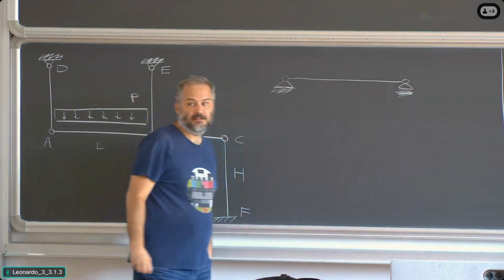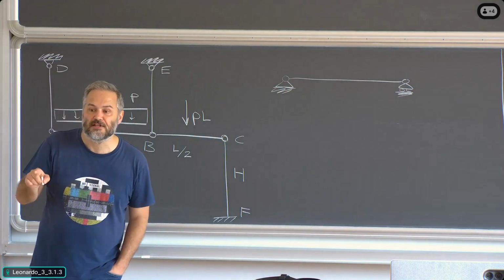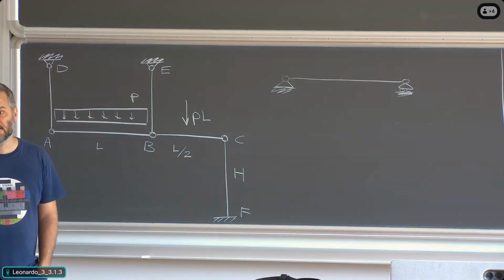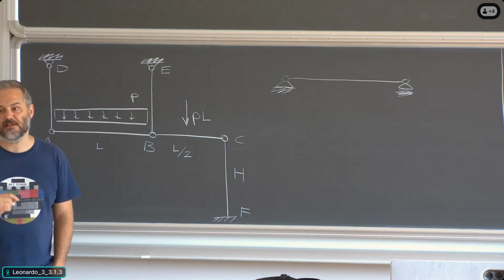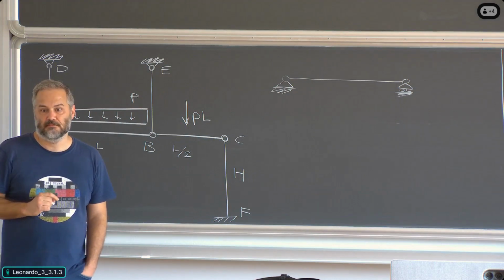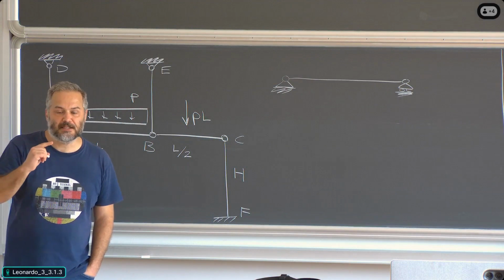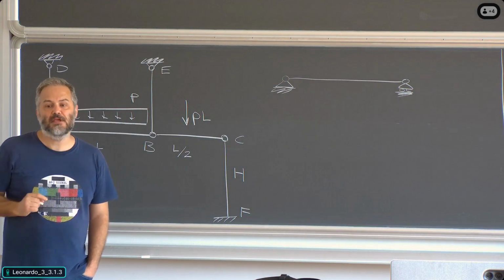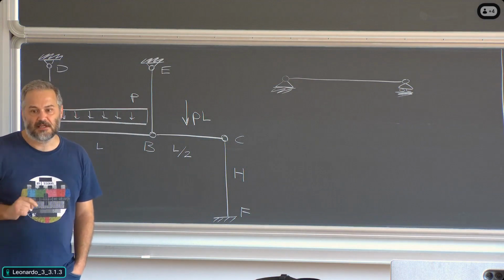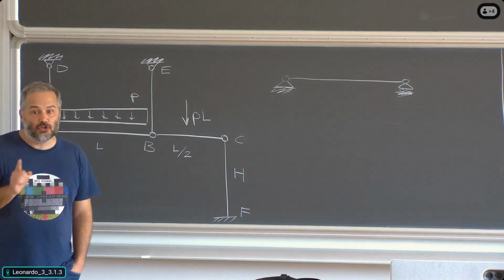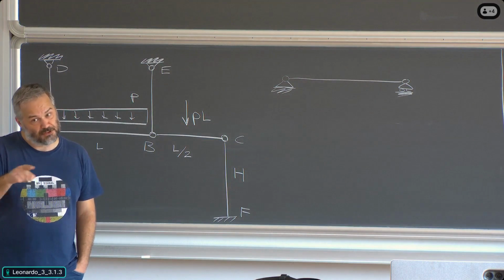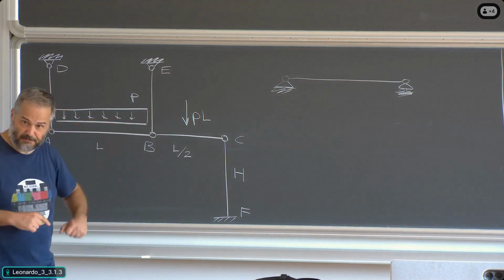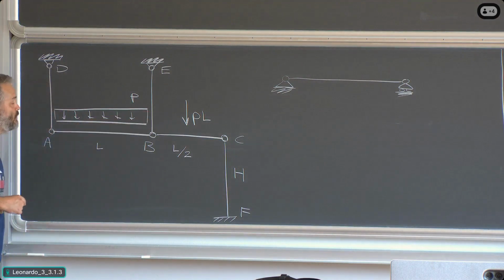Okay? There is no difference as regards the flexural regime, which means shear force and bending moment. So I should expect to see in the two beams AB and BC diagrams which are no different from the diagrams I would find if they were both simply supported in this way. Okay?